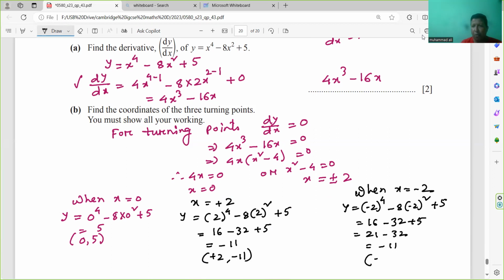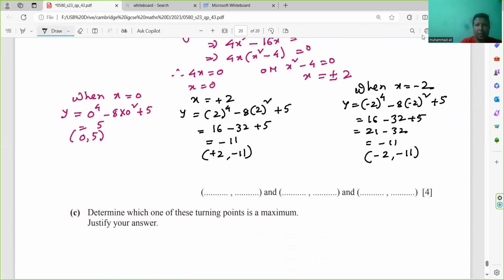So another turning point is (minus 2, minus 11). So our 3 turning points are (minus 2, minus 11), (0, 5), and (2, minus 11). There are 3 turning points.